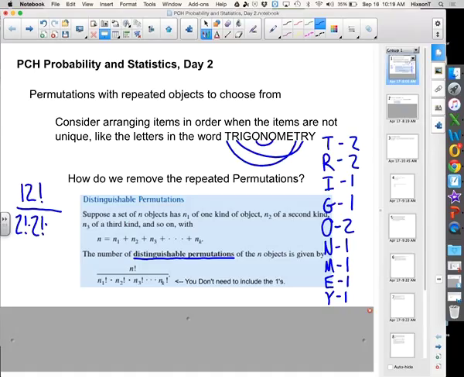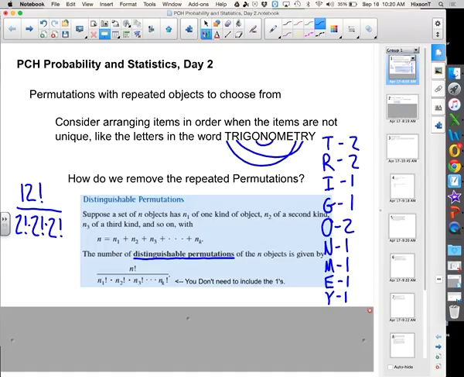Then we have another 2 factorial. And then we have 4 more 1 factorials. I don't bother writing down the 1 factorials. But anything that you have more than 1 of, you need to put with a factorial in the denominator. And what that will do is eliminate all of the cases where we just switch the T's, or just switch the O's, or just switch the R's.